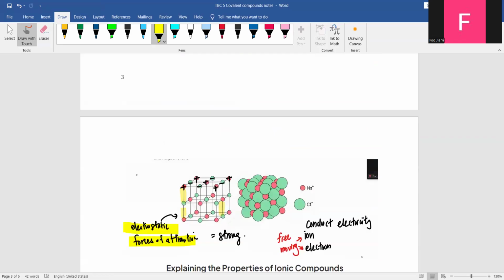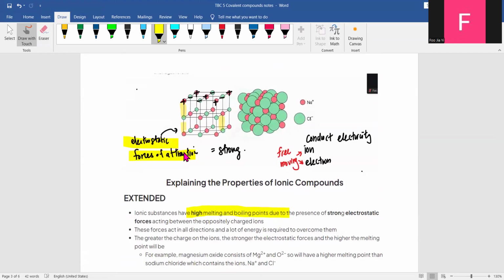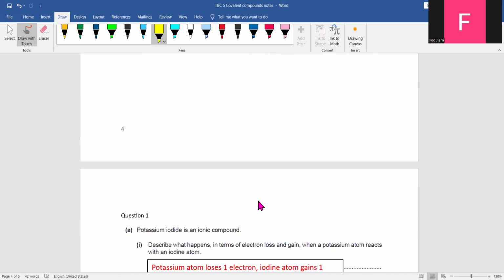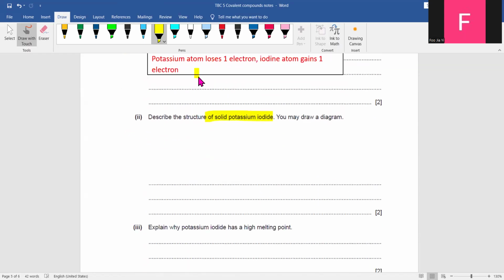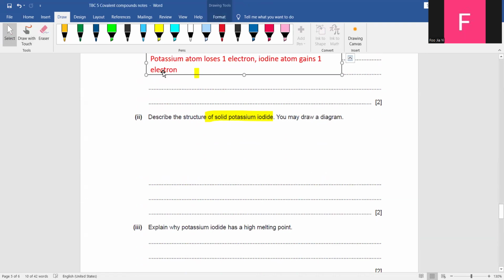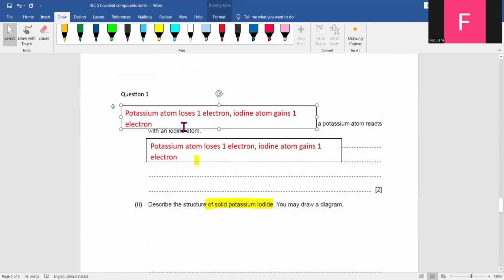No, it'll probably take you 2 hours to draw this. So what is this? This is positive, negative, positive, negative, positive, negative. And is it in a perfect structure? What is that word for a perfect structure? It's called lattice arrangement.